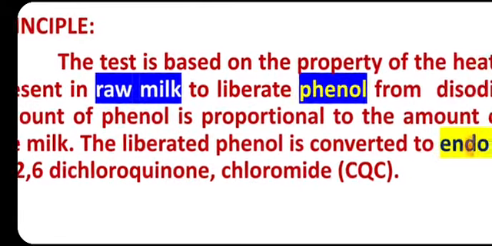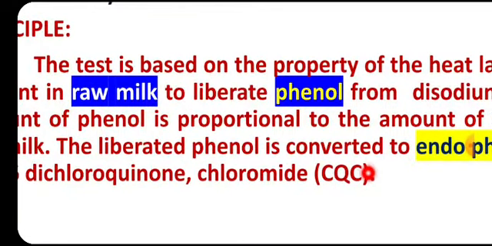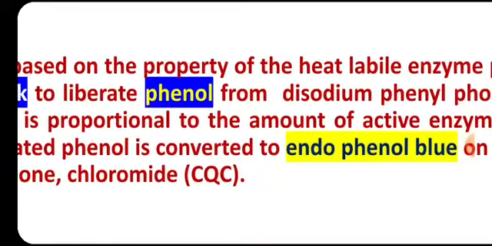So this CQC reacts with this phenol which is liberated from this substrate, and it gets converted into a blue color compound. That blue color compound is called endophenol blue. Now this blue color is clearly visible, so the contrast is very clear. We can easily detect the formation of blue color in white colored milk.